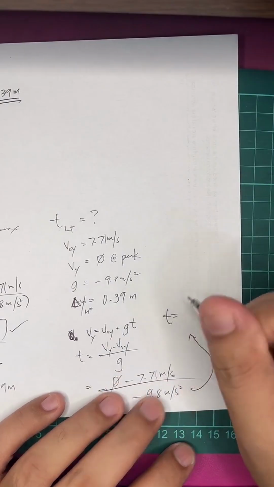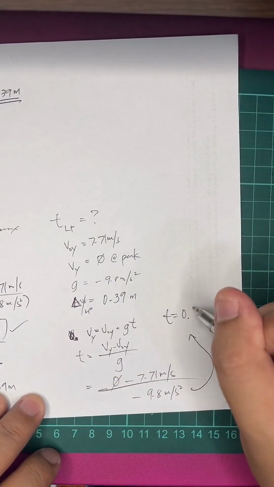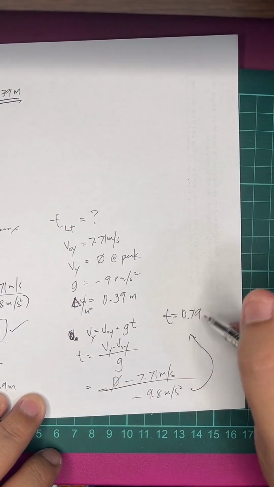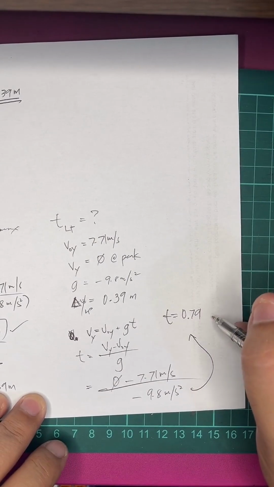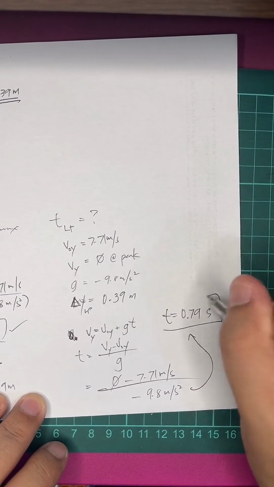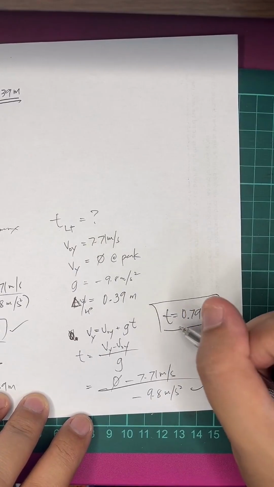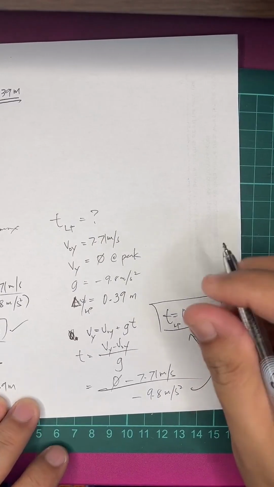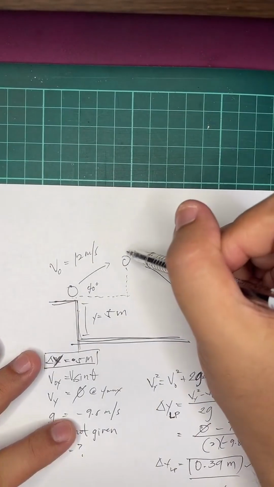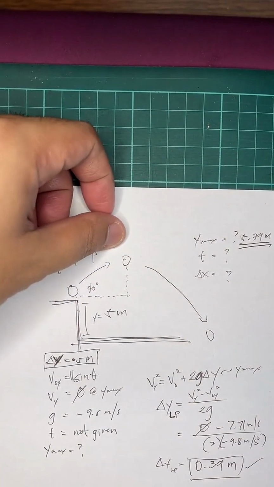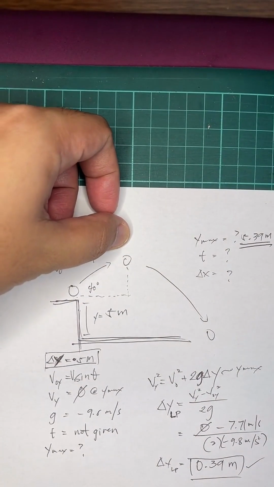T equals 0.79 seconds. So this is the time from launch to peak. At this point, we already have 0.79 seconds that have passed.